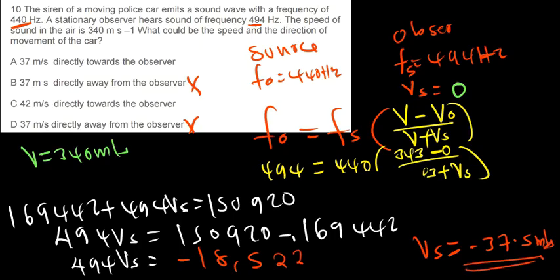It was an MCQ, so I think the negative part you can just ignore. In this case we are dealing with 37, right? What is the difference between B and D?